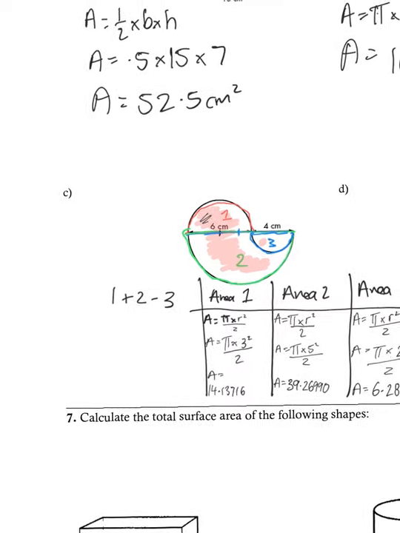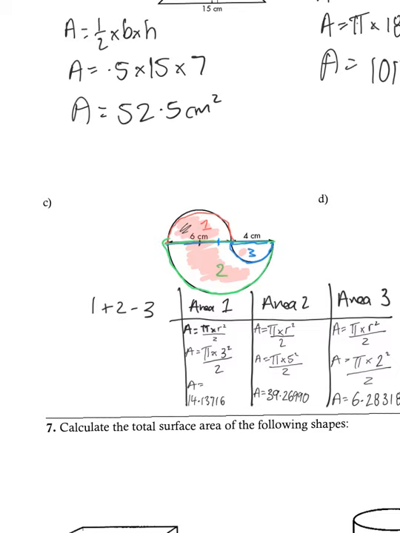So area 1 is 14 point 716, plus area 2 is 39.26990, and minus that 6.28318. I'll put all that in my calculator now.